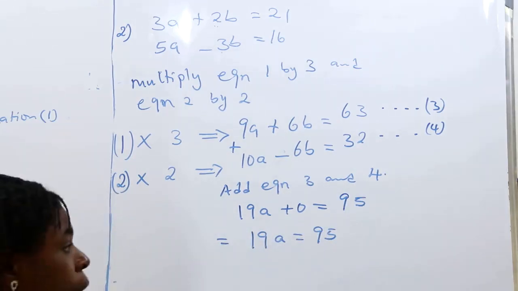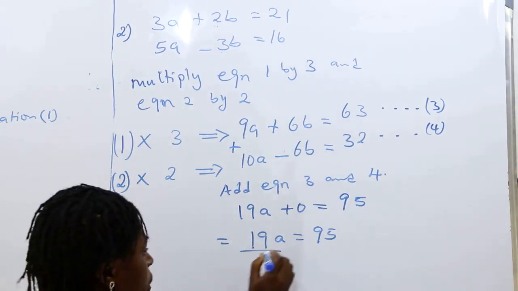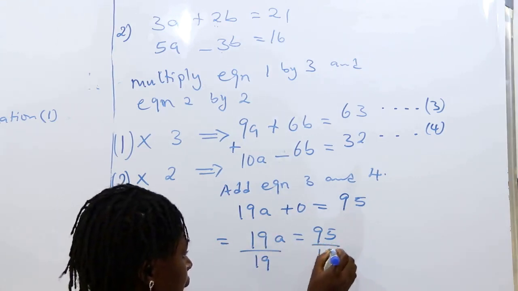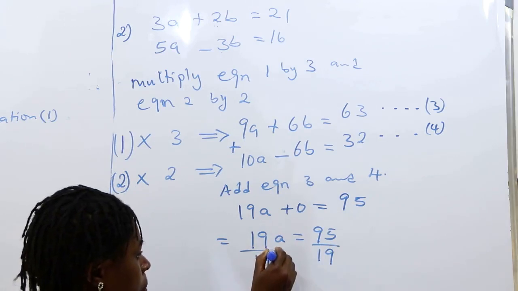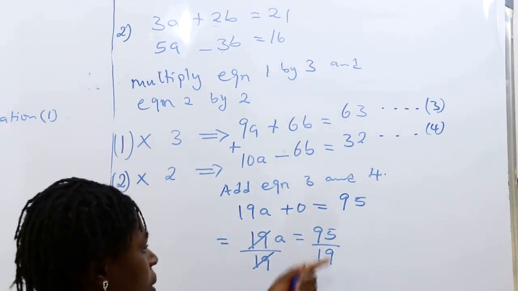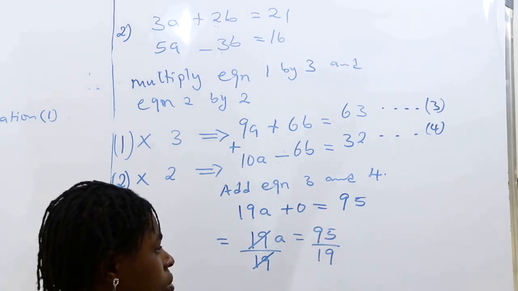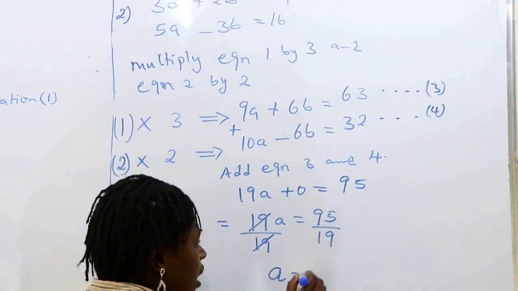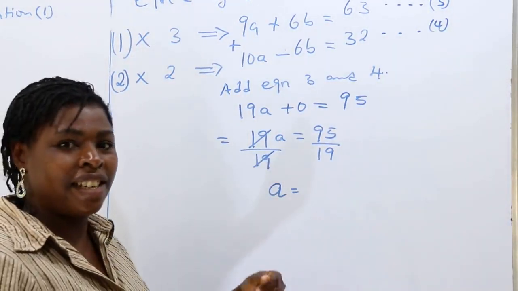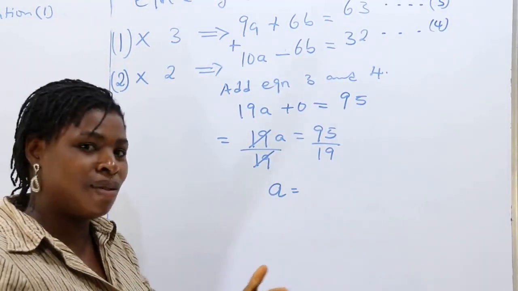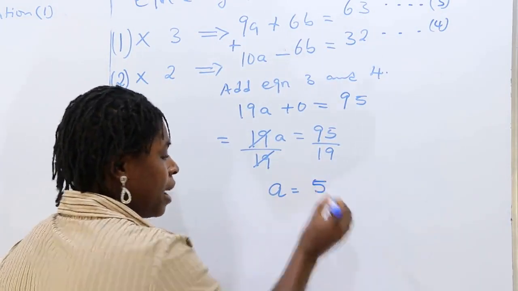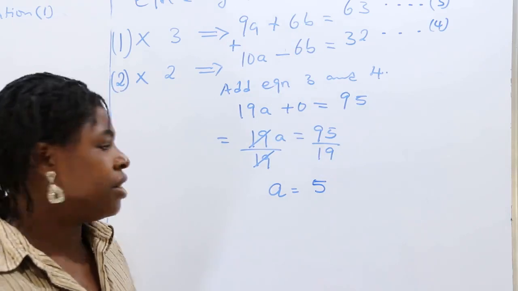We are looking for a, so we need to divide both sides by 19. So 19 will cancel 19. Now 95 divided by 19 is what? Of course, if you do your calculation well, you should get 5 as your answer.